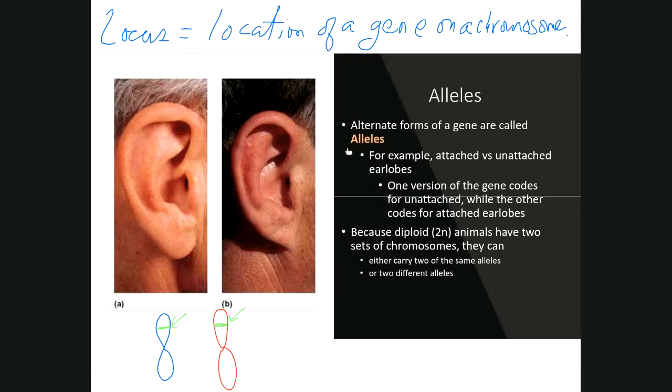I'll give another example here. For example, your earlobes. You can check this out now as you're listening to this video. Either you have attached earlobes like this, so you have no earlobe hanging independently. It's just directly attached to your face, or you have a hanging earlobe.